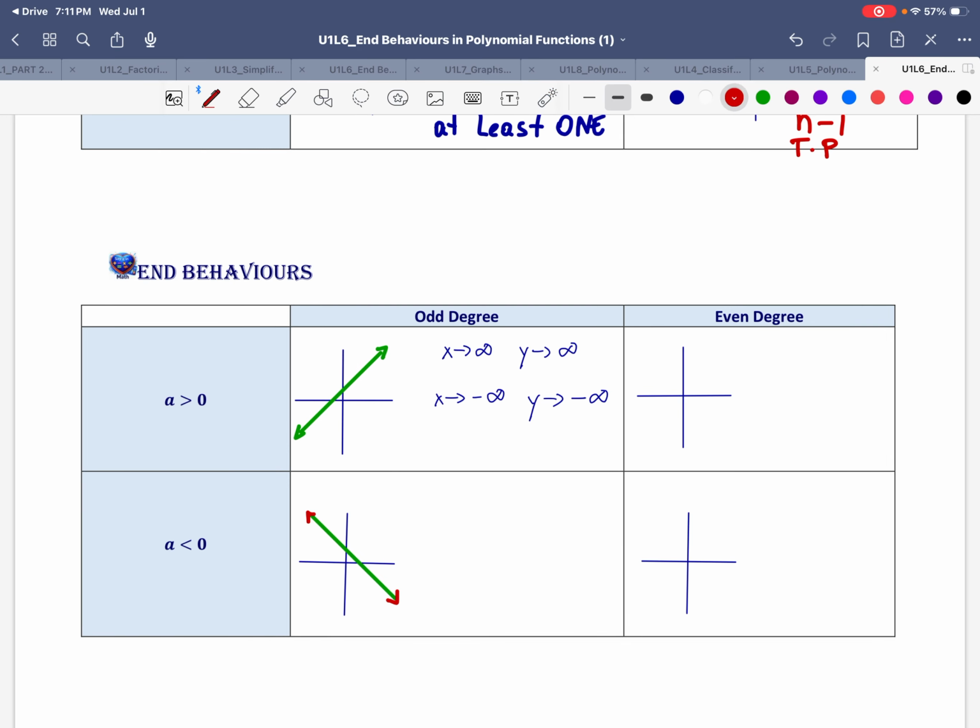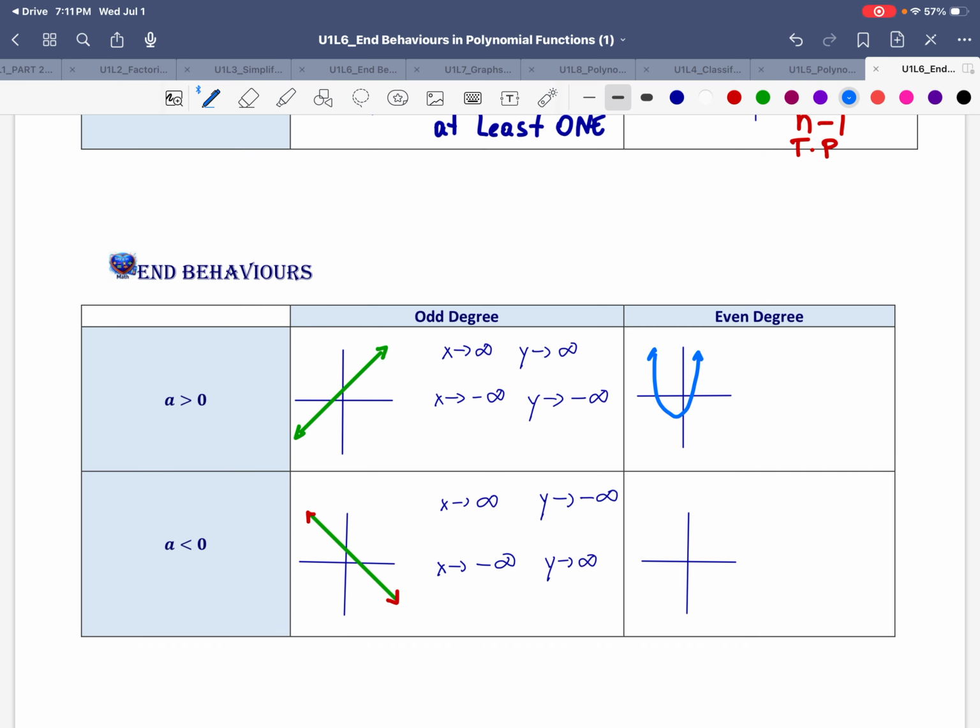So what that means is that as x approaches positive infinity, now this time the y values will go down. So that's the right end of the graph. So y will approach negative infinity. Whereas when x approaches negative infinity, the y values will go up. Now, when it comes to even degree polynomial functions, if you remember, that will resemble the end behavior of the graph of a parabola.